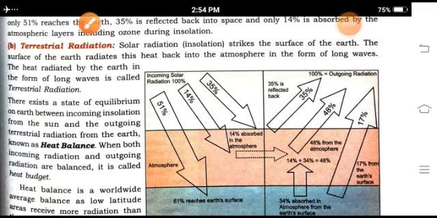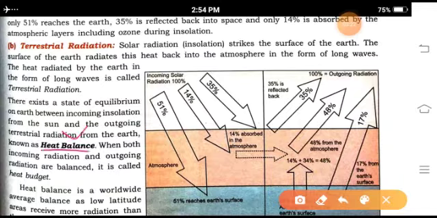The state of equilibrium on earth between incoming insolation from the sun and outgoing terrestrial radiation from the earth is known as heat balance. When both incoming and outgoing radiation are balanced, it is also known as the heat budget.